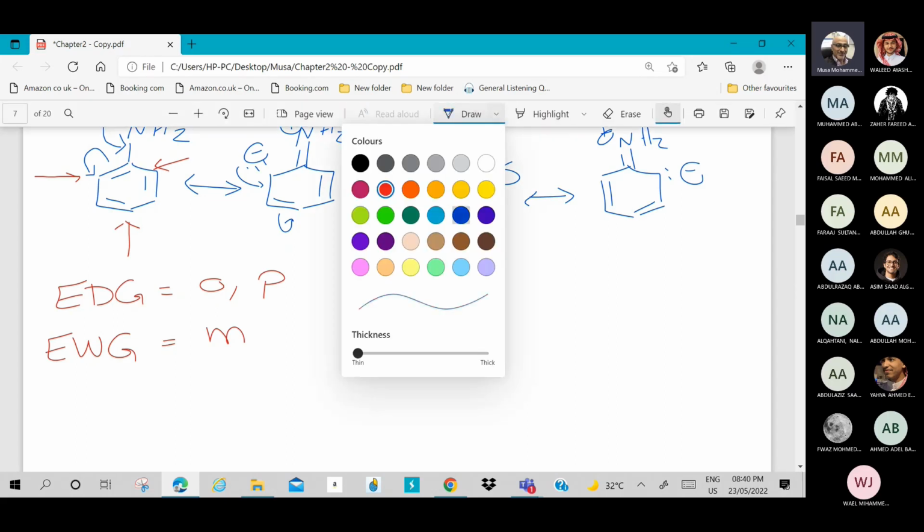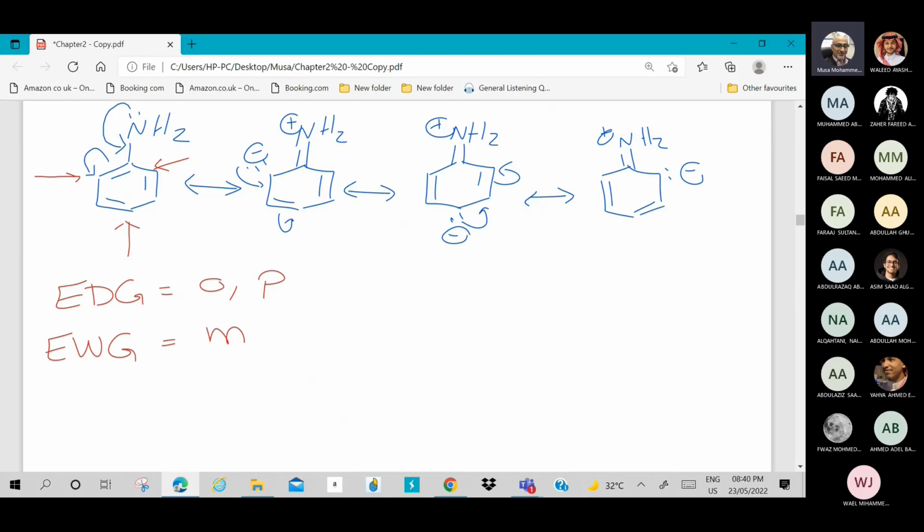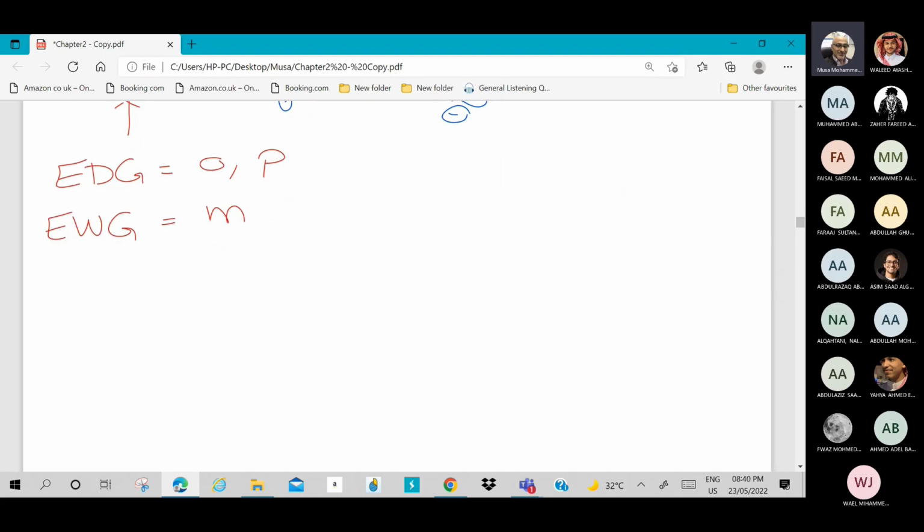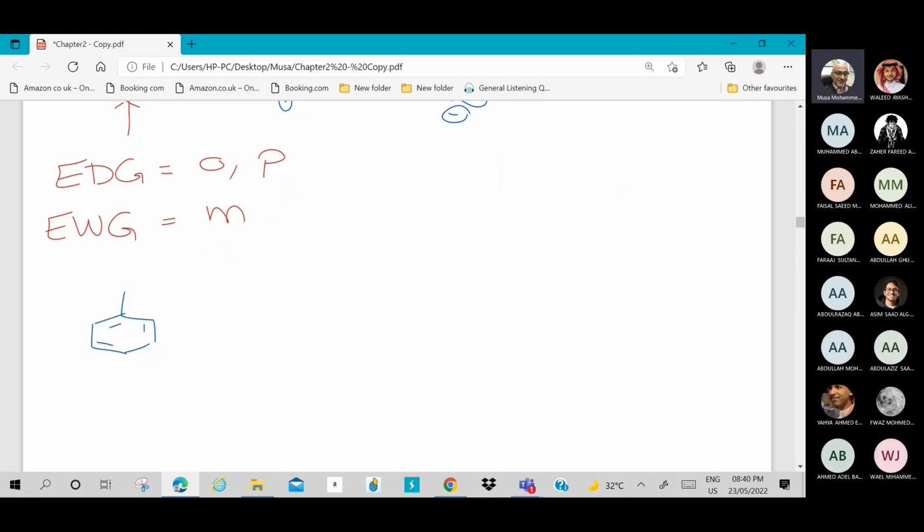That is if you have clear resonance forms like the case of NH2. But now for the case of CH3, if you have benzene ring that has CH3, then we know that the benzene ring will attack the NO2 plus, for example, or the Cl plus, or the CH3 plus, or the acylanium ion.